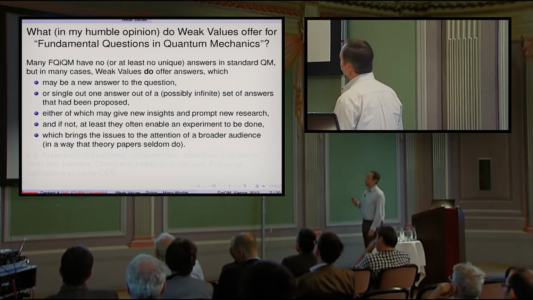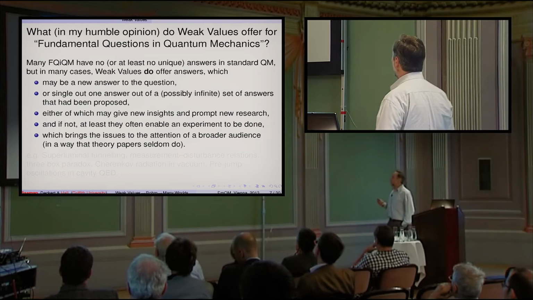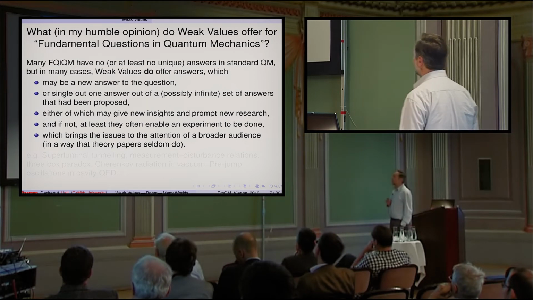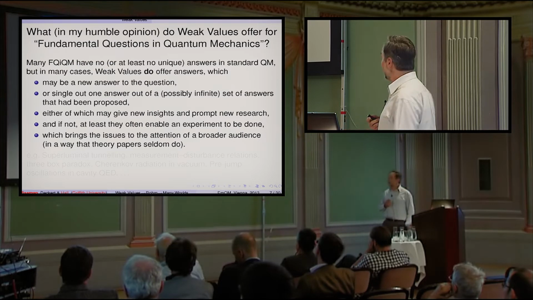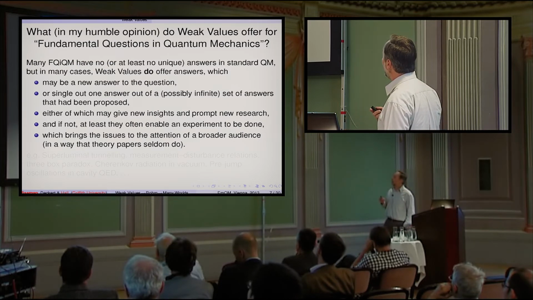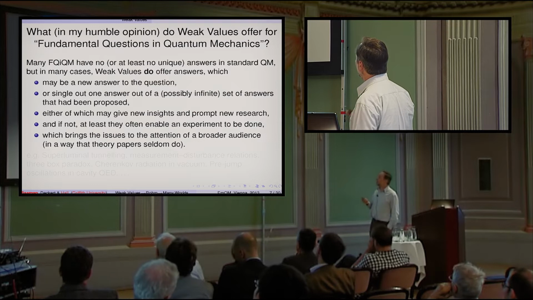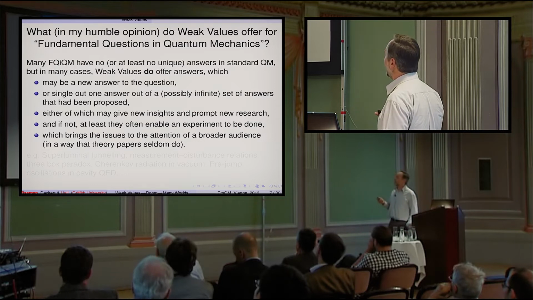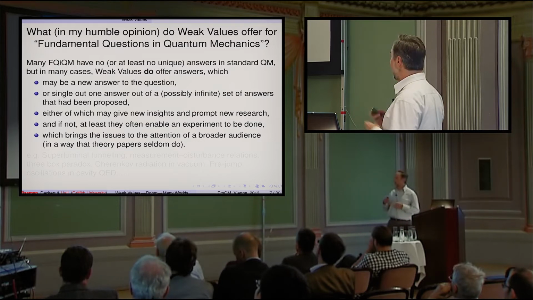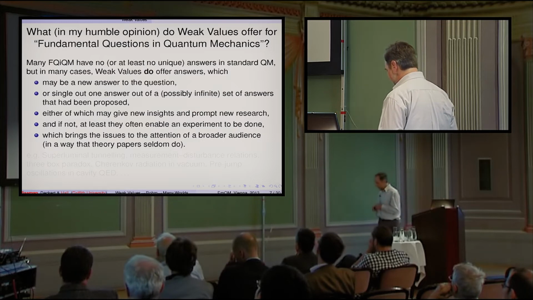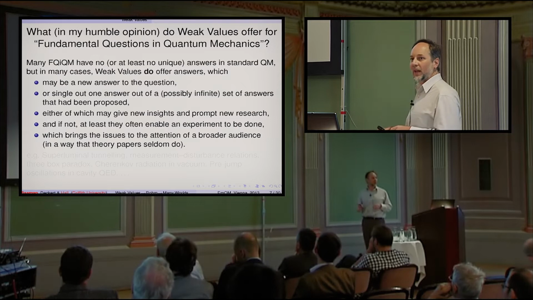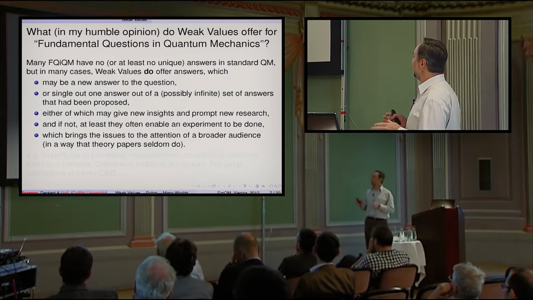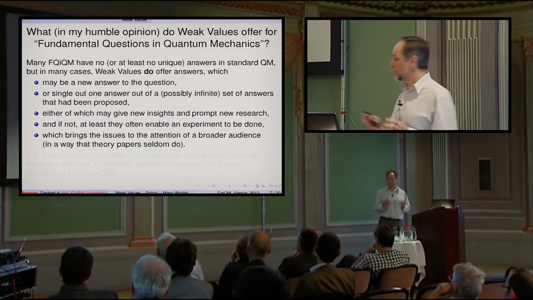So these are just some general remarks about why they are coming up. What's my opinion about why weak values turn up in these discussions of fundamental questions in quantum mechanics? I think the answer is that there are a lot of questions that we can ask. Classically, we'd have no trouble understanding, but in quantum mechanics, there just is no answer, or at least it's an ambiguous answer, and so what do we do?